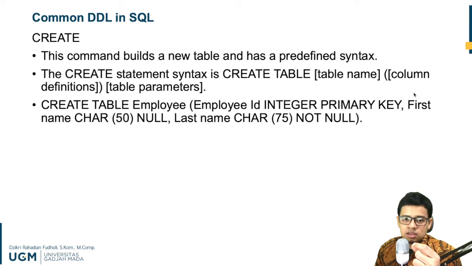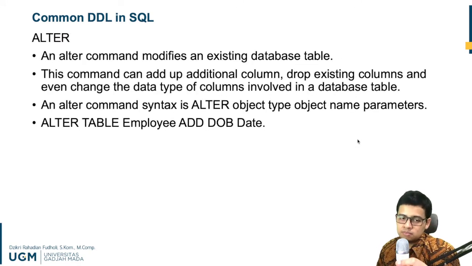This is the column definition, or the attributes definition. First name is characters with a maximum length of 50, and it may be null; we can just not fill it. And last name is characters with a maximum length of 75 and not null, so this must be filled. So this is the example.